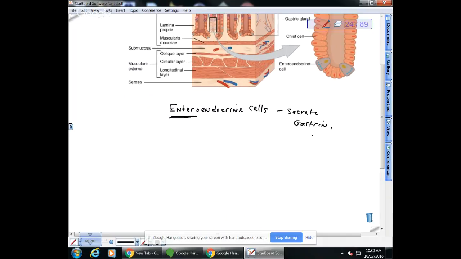So this stimulates greater secretions and motility. So that means that it causes the stomach to secrete more hydrochloric acid, and it also causes it to churn and move the food through the digestive system much more quickly. Okay.